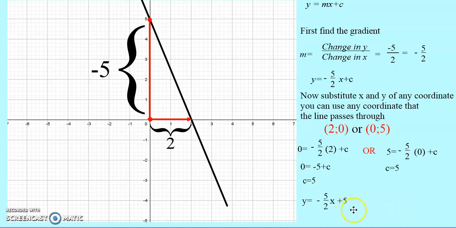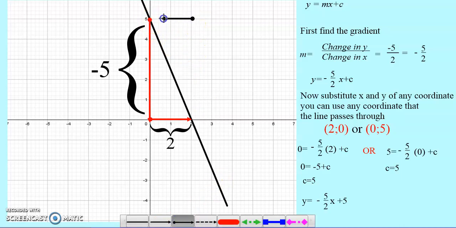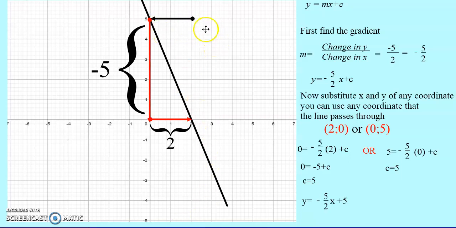So the most important thing to take out of here is if I'm given a picture and I know where the graph cuts the y-axis, that coordinate will be my c value. That coordinate at that point will be my c value in my equation y is equal to mx plus c.